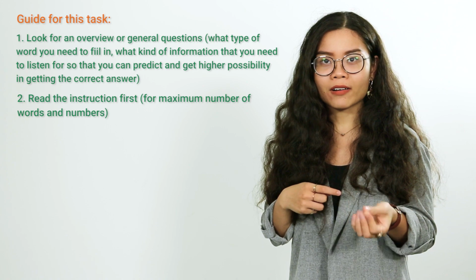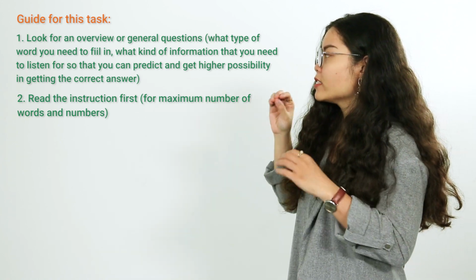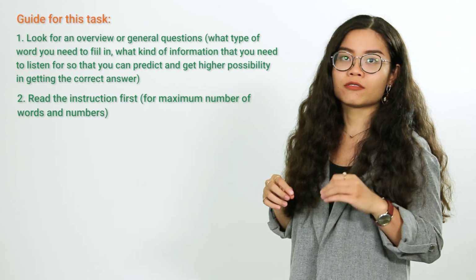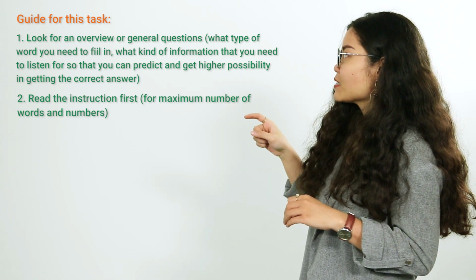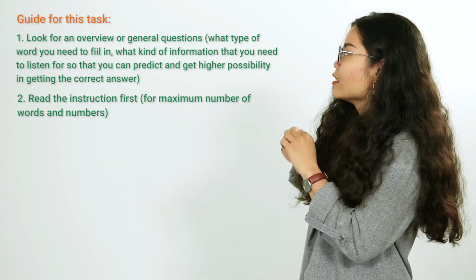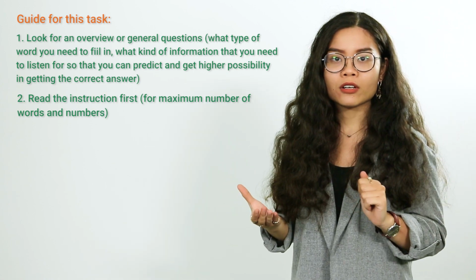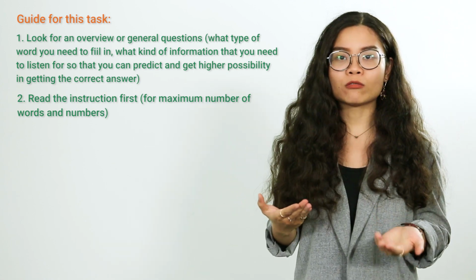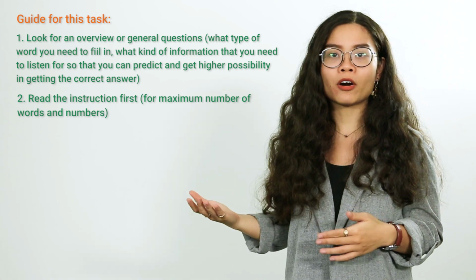The second one, like I said, always read the instruction first. You need to know the maximum number of words and maximum number of numbers that the instruction requires you to write. Otherwise, you would write the wrong answer and you will completely lose the mark for this one.